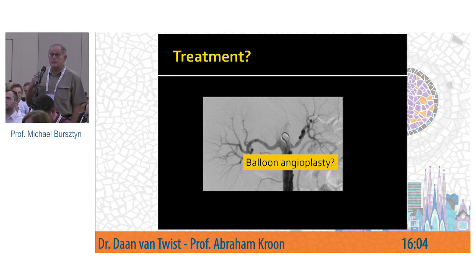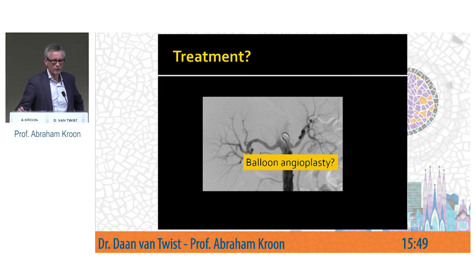Nevertheless, it is theoretically feasible to perform intravascular ultrasound and identify the presence of atherosclerotic plaque if you think it's critical. Well, that we could have done. You could have done an IVUS, but we didn't do it.